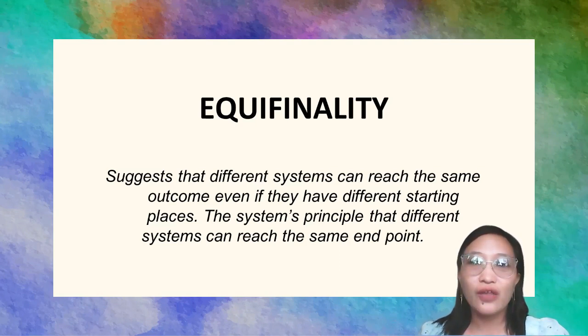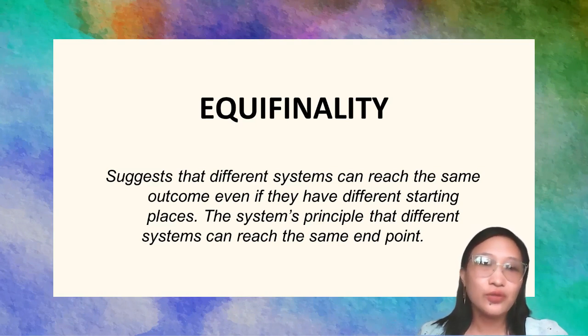In other words, there are multiple ways to achieve a particular result within the system. Equifinality recognizes that different configurations or combinations of inputs, processes, or interactions can lead to similar or equivalent outcomes.